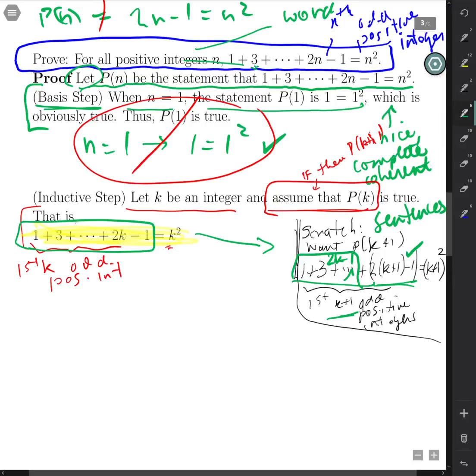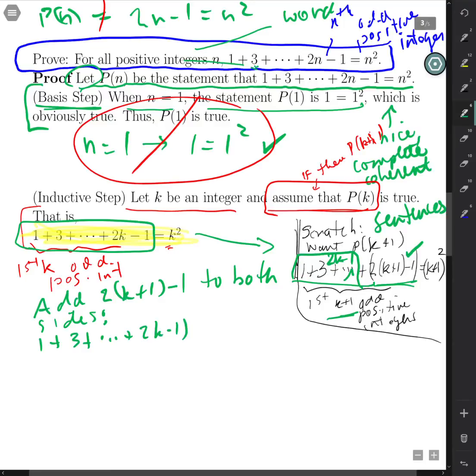So in the proof, I'm going to now say here, let's add 2(k+1) minus 1 to both sides. And that will give us, I'll put a colon here to indicate we've done that, 1 + 3 + ... + (2k - 1) + (2(k+1) - 1).